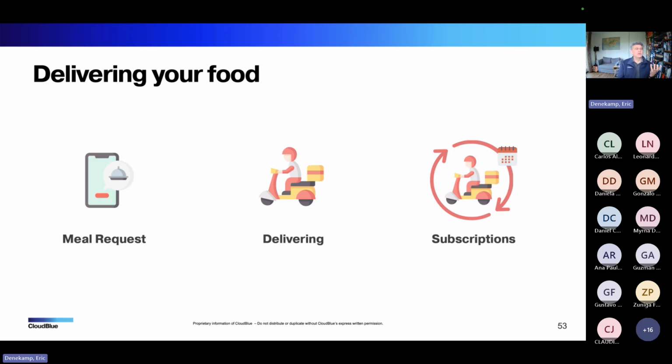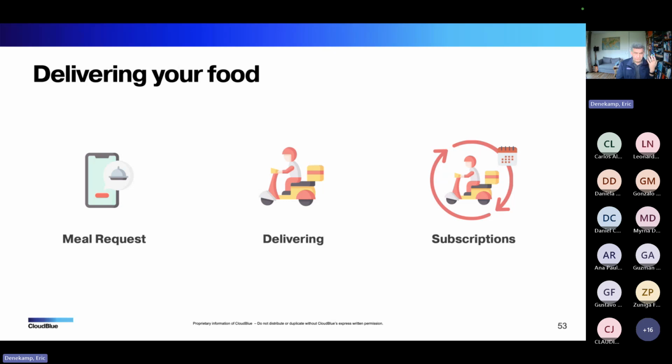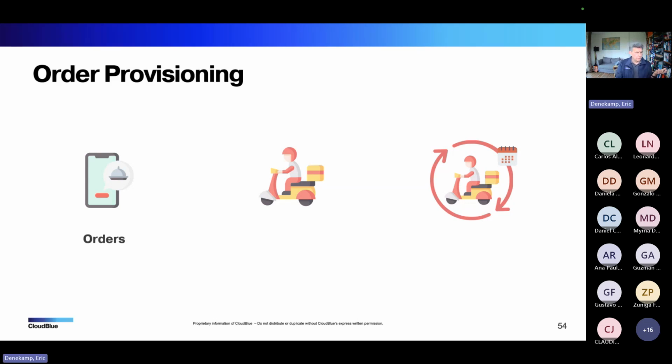But how do we convert those first two, meal request and delivering, to terminology in our platform? Well, in English, it's easy. It's a meal request, or basically, if the waiter comes to your table, they already use the word, right? Are you ready to order, in English? So we're talking about an order there.